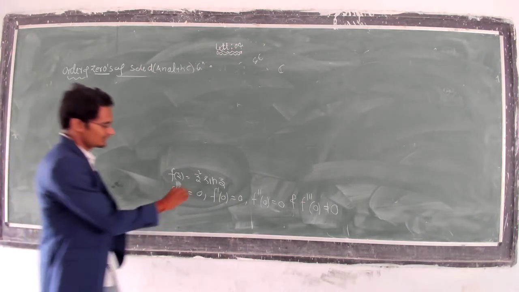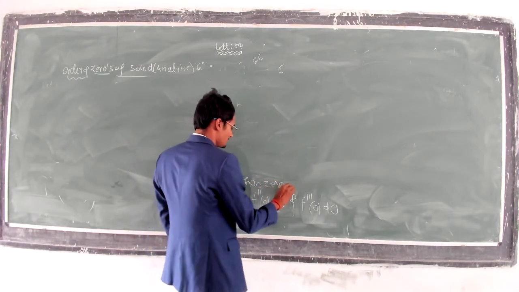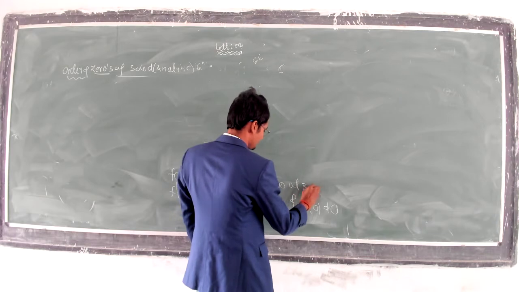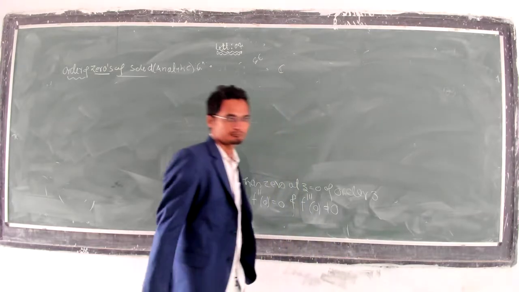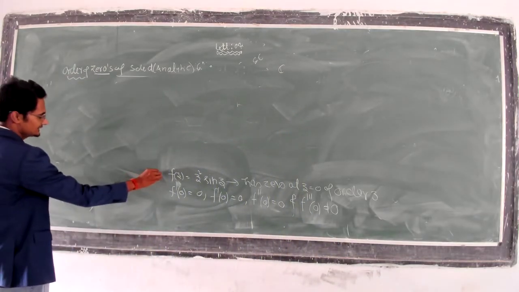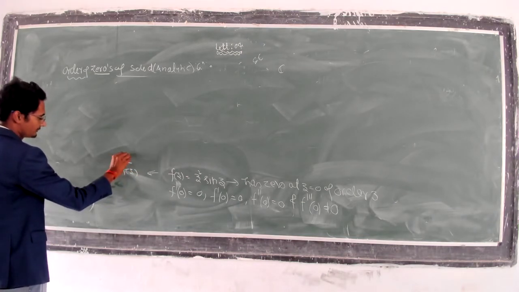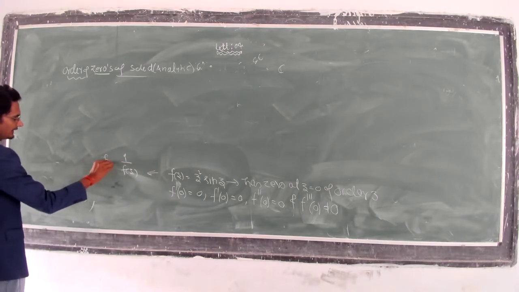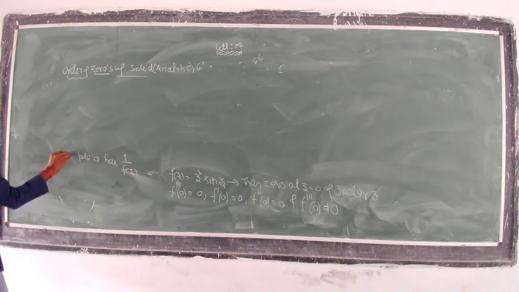This implies that this function has a zero at z equal to 0 of order 3. This implies that 1 upon f has a pole of order 3 at z equal to 0.